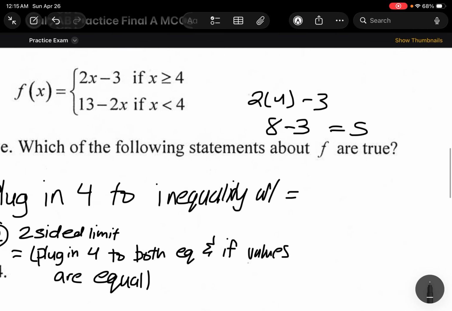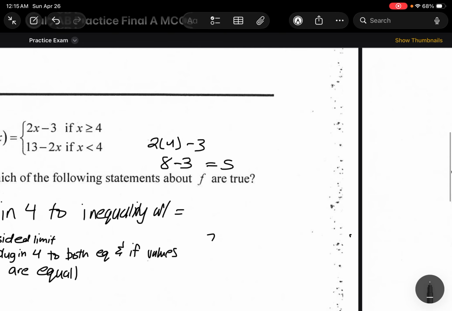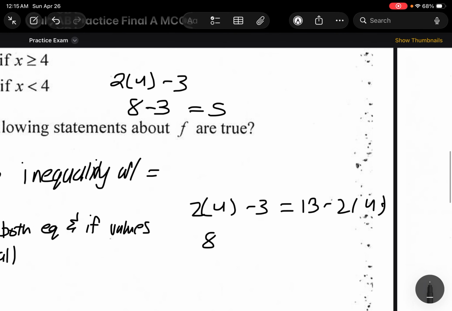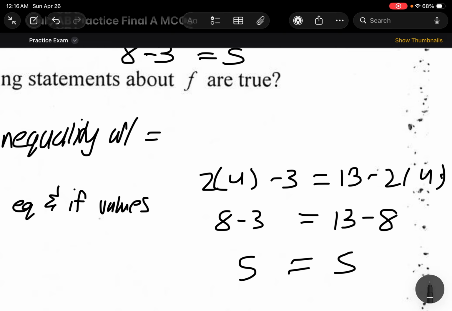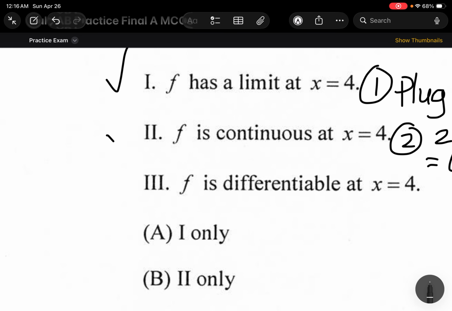Okay, so it's going to be 2 times 4 minus 3 equals 13 minus 2 times 4. So 8 minus 3 equals 13 minus 8. That's going to be 5, and that's also going to be 5. If they're both equal, that means that condition 2, continuous, is true. We're going to check that off.